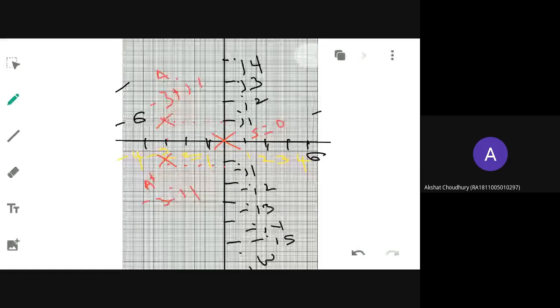The remaining two poles are the complex conjugates minus 3 plus j1 and minus 3 minus j1. How many root locus branches will you have? Only 3. All 3 will originate from the 3 poles and they will terminate at finite zeros or infinite zeros. Infinite zeros. Okay, next step we will proceed.